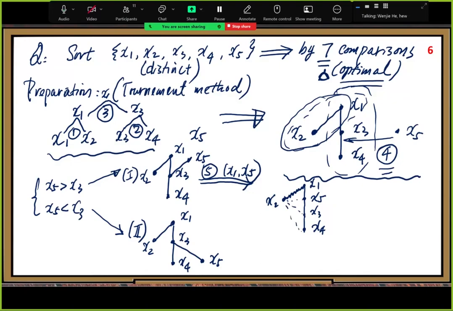If you put x5 higher than x1, then x5 is out of the consideration. You only need to consider the relationship between x2 and the lowest two elements, right? So you need to do less work.